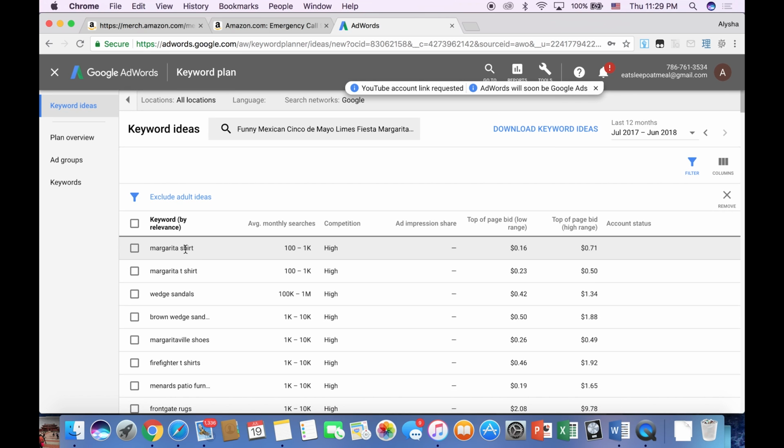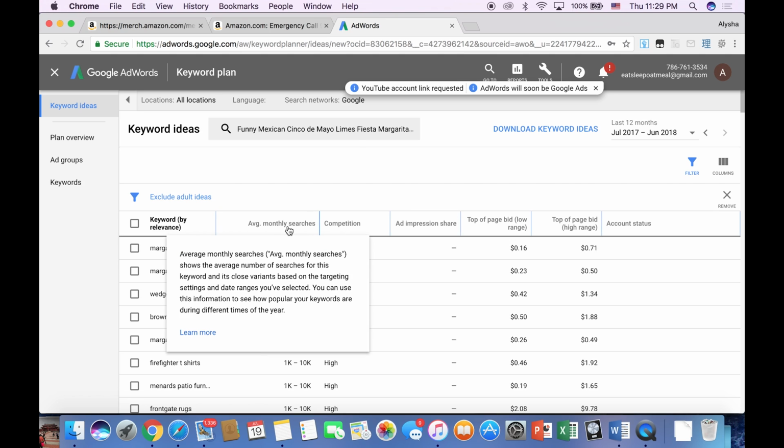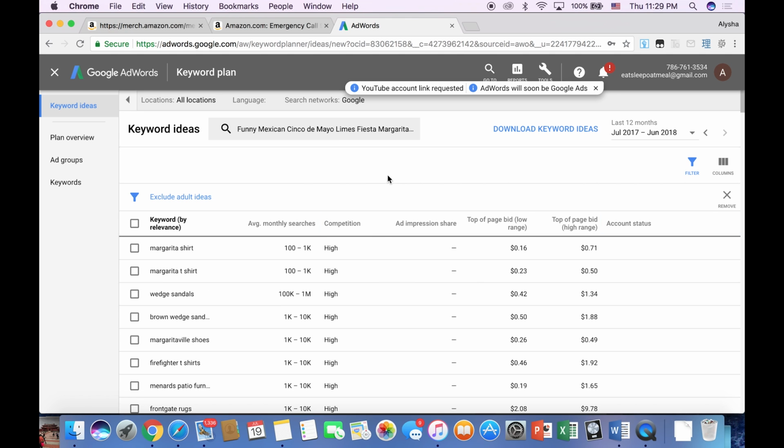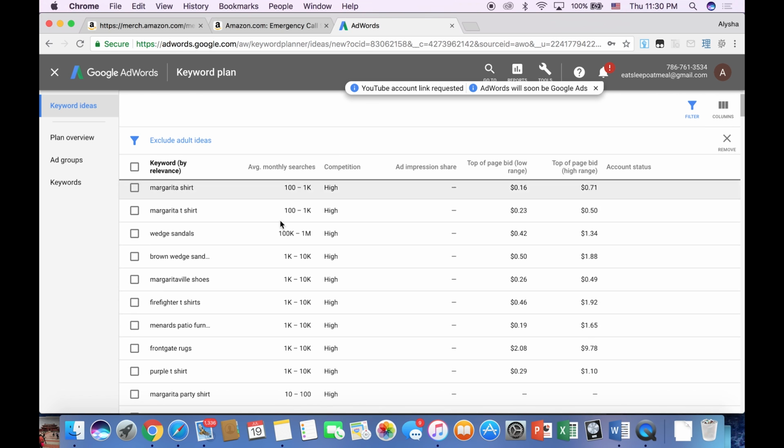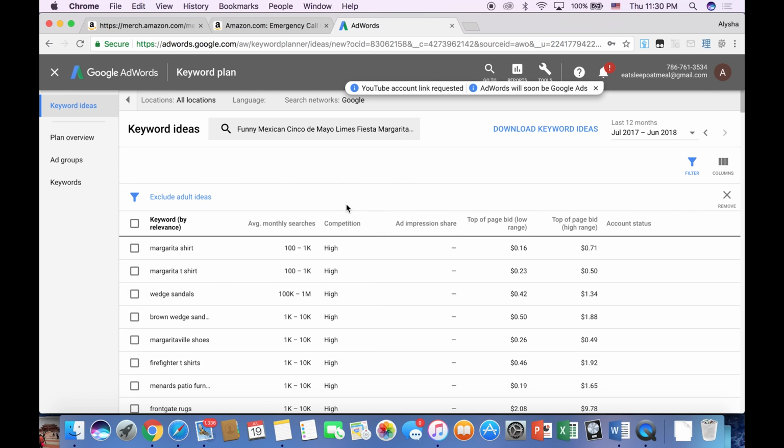For example, margarita shirt, margarita t-shirt, wedge sandal, etc. And it gives you the average monthly search, the competition, ad impression share. I don't know what that is, and I'm not going to worry about it because I guess this is if you were going to create some sort of ad campaign, which we're not going to do. We're literally just looking up t-shirts.